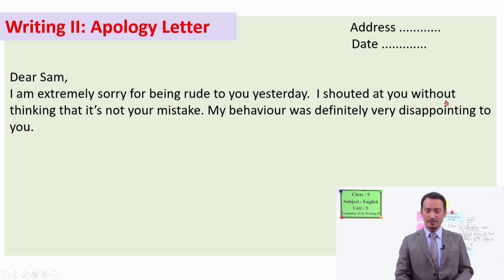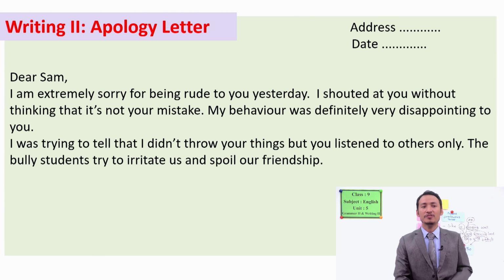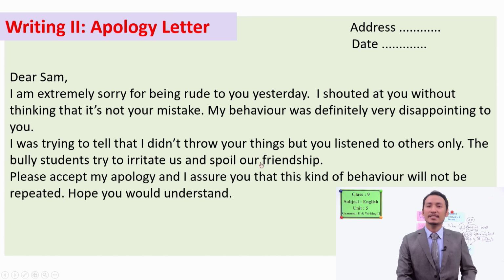I shouted at you without thinking that it was not your mistake. My behavior was definitely very disappointing to you. I was trying to tell that I didn't throw your things, but you listened to others only. The bully students try to irritate us and spoil our friendship. Please accept my apology, and I assure you that this kind of behavior will not be repeated. Hope you would understand. Your friend, Seema.